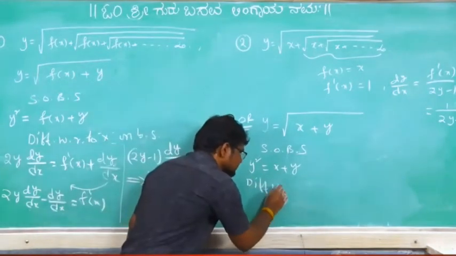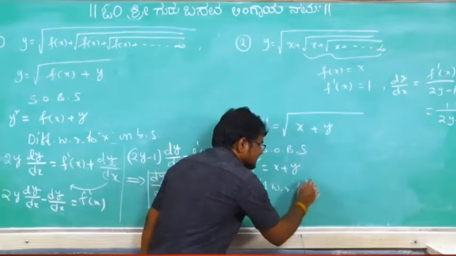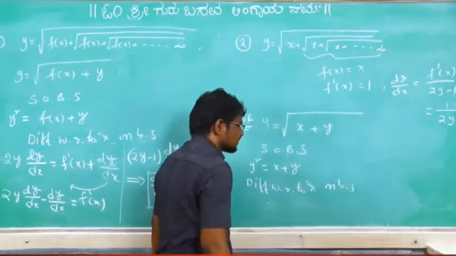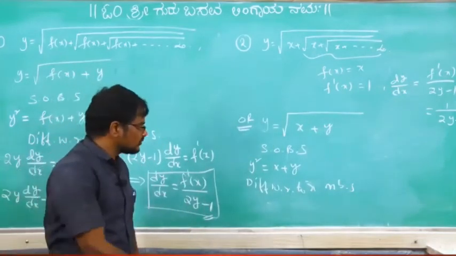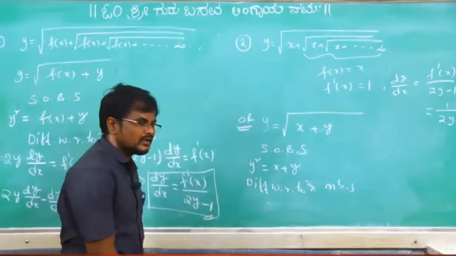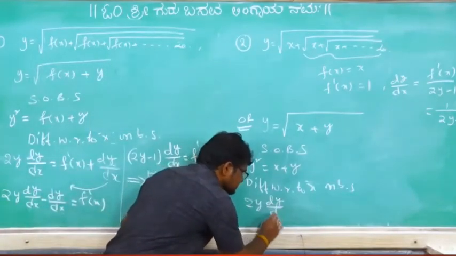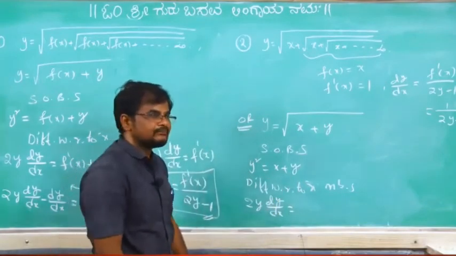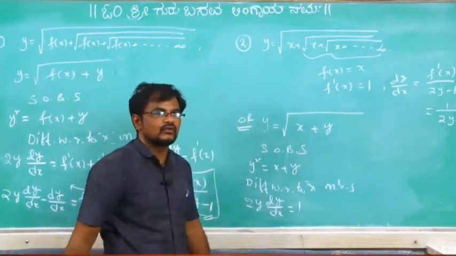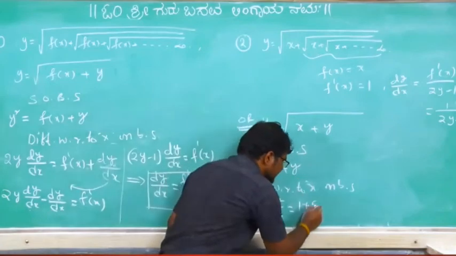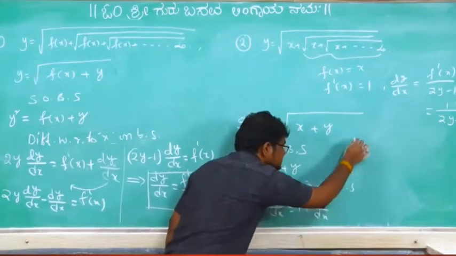Differentiating with respect to x on both the sides: 2y dy by dx equal to 1 plus dy by dx.